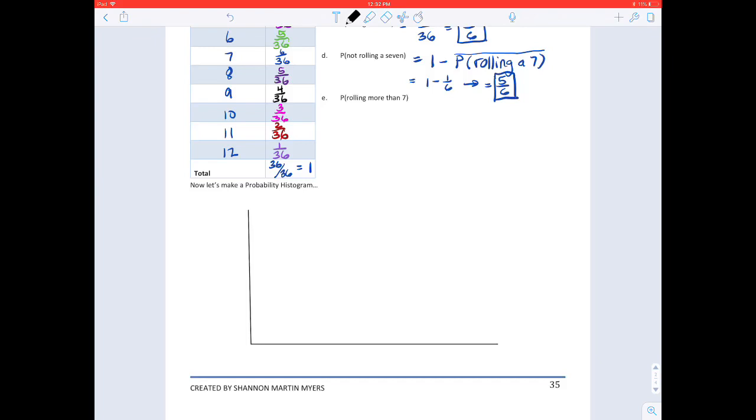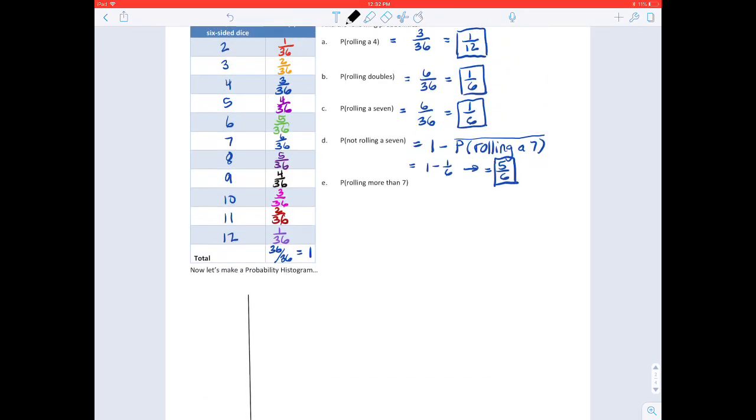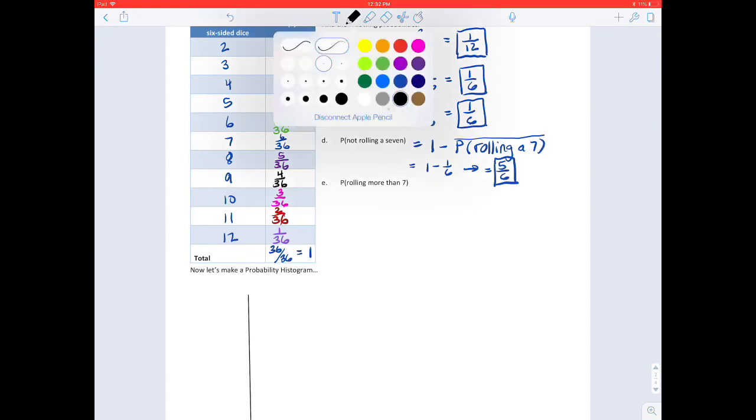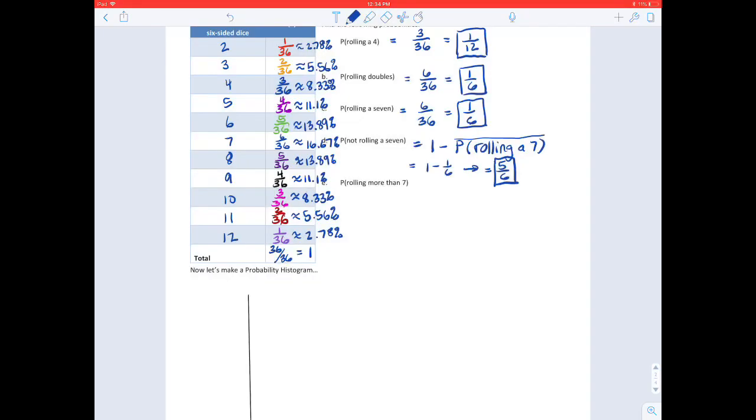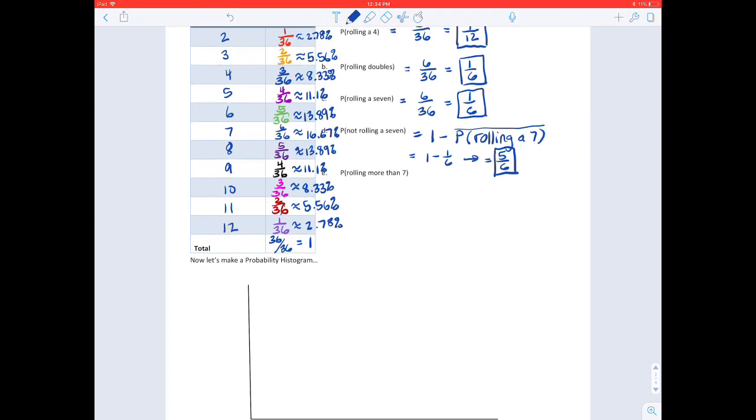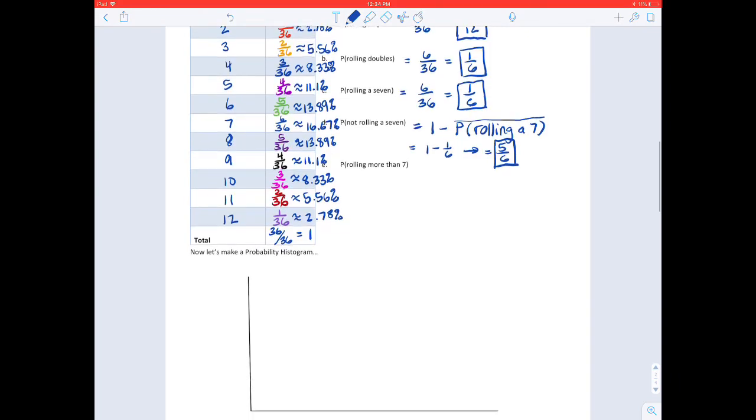With a probability histogram, it's going to be useful to get the percentages. So I went ahead and got all of these percentages for us. Now we've got our setup to make our probability histogram, and our highest percentage is 16.67%.